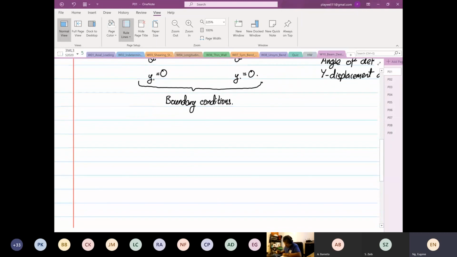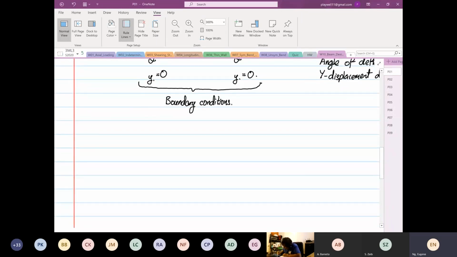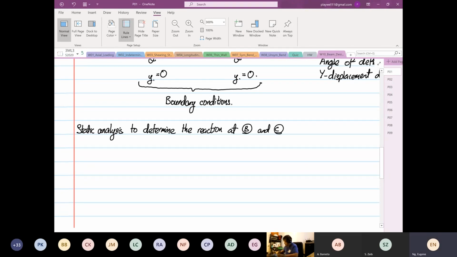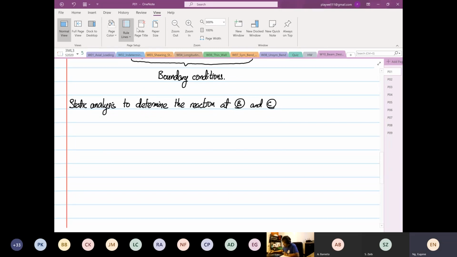Okay, so we're going to do static analysis to determine the reactions at point B and point C. Okay, so again, I'm going to sketch our structure out.